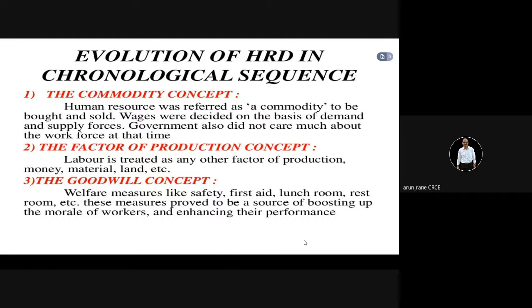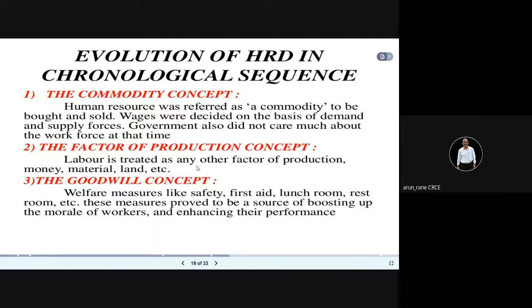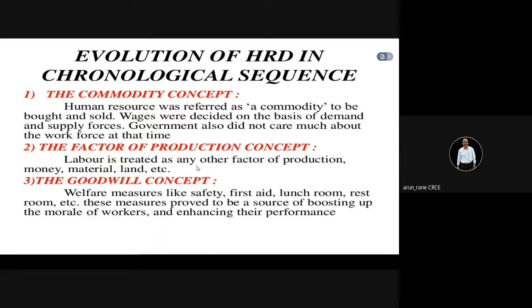So this is the chronological sequence. Commodity concept. Earlier it was considered or referred to like a commodity. Then production concept आ गया. Then goodwill concept आ गया. That is welfare concept.